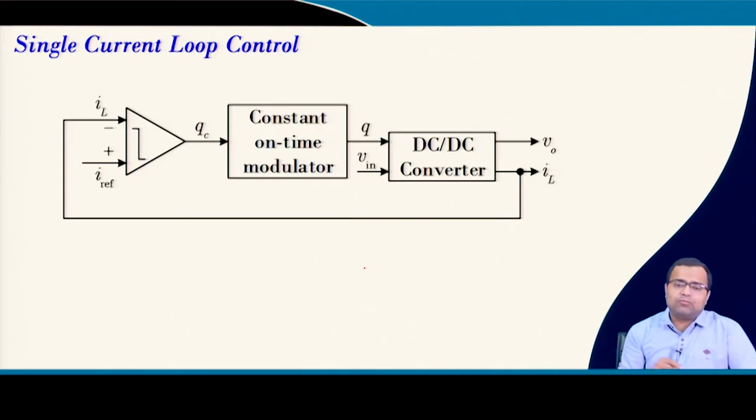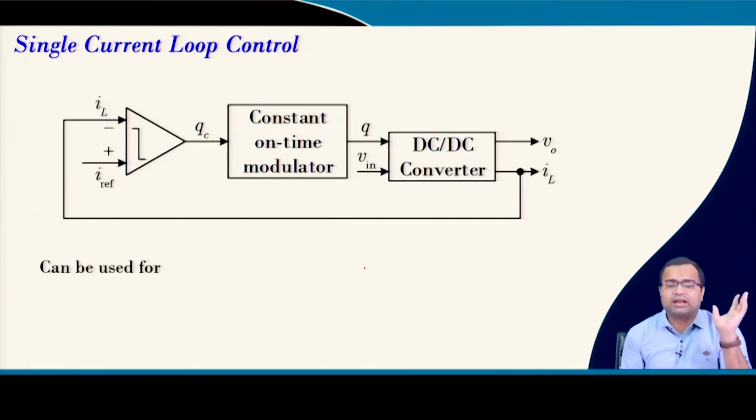Now, we talked about single loop voltage control, and we can also talk about single loop current control. Here the inductor current is directly compared with the reference current and then it goes to the constant on time modulator, and we can control the current directly.